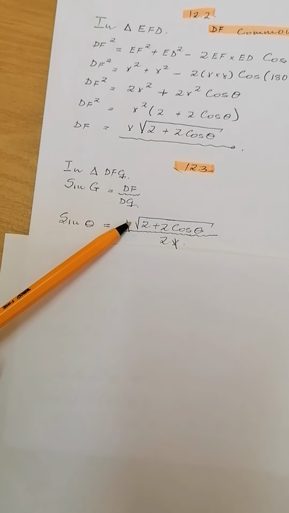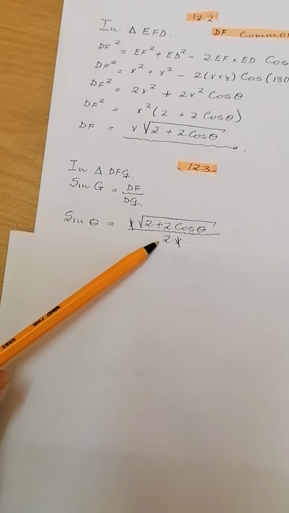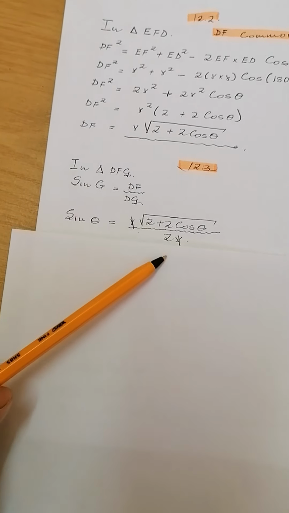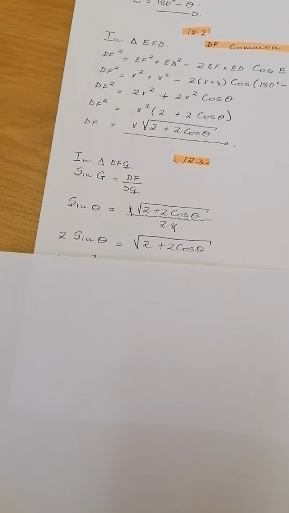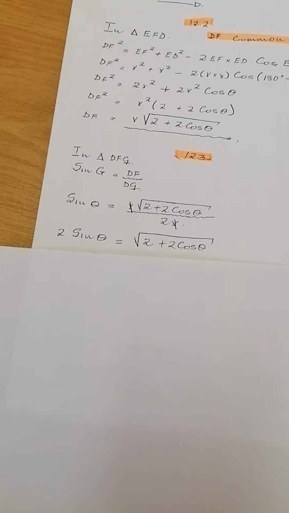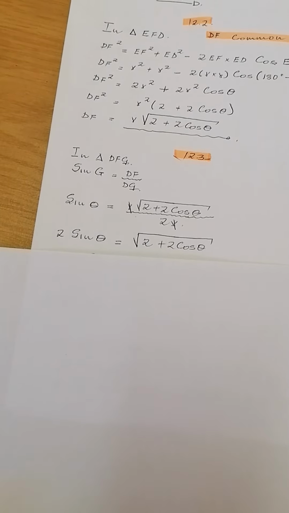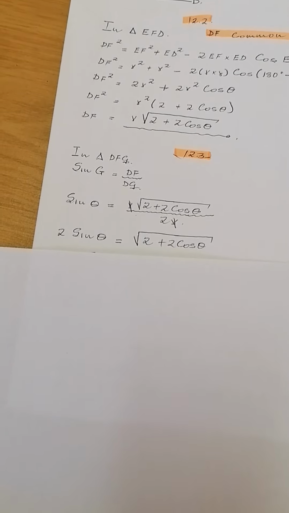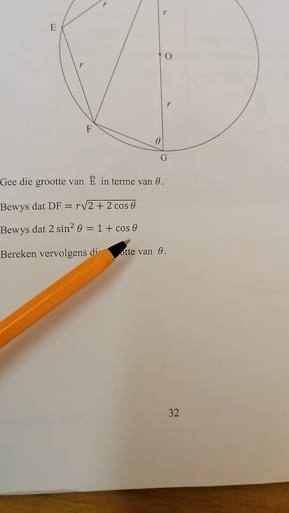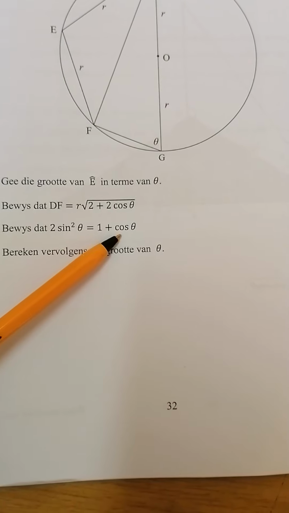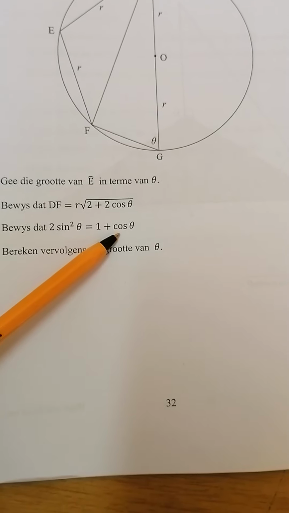R cancels R. Then I cross multiplied by 2 there, and I got 2 sine theta, which is equals to root 2 plus 2 cos theta. Now, if you look at the question, there is no root sign. Now, how did they get rid of the root sign? They did that by squaring both sides.